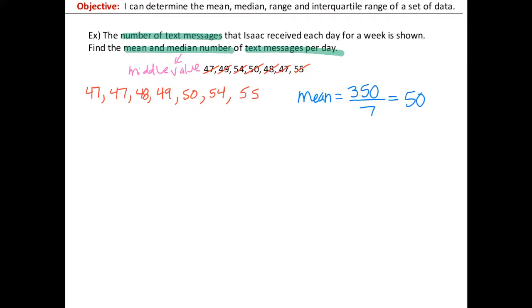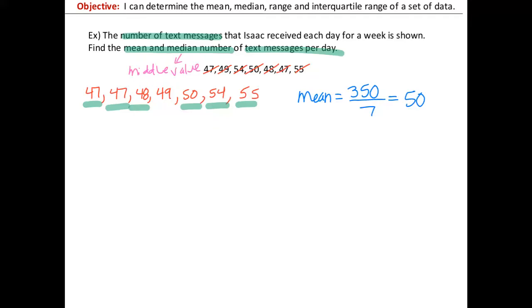So since we have 7, the middle number on the list would actually be the 4th number, right? Because if you have 3 on each side. So then if I cut the data in half, for example, I have 47 here, 55 here, 47 here, 54 here. I'm going to go from the edges until I get to the middle, okay?